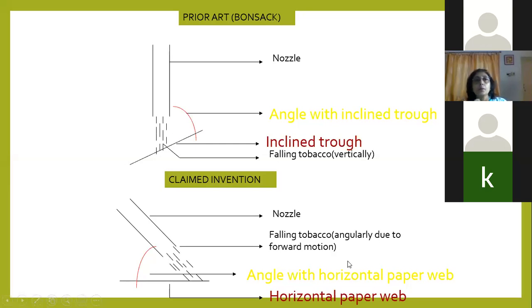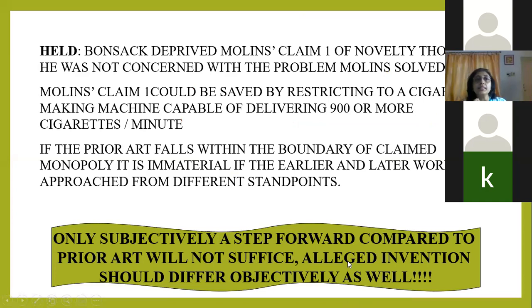So Bosnack deprived Mollin's claim 1 of novelty, though he was not concerned with the problem to be solved. Mollin's claim could have been restricted to a cigarette-making machine. They could have incorporated these features in the claims, like we were just saying when showing pictorially that your invention is a smaller one and the bigger one is the prior art.